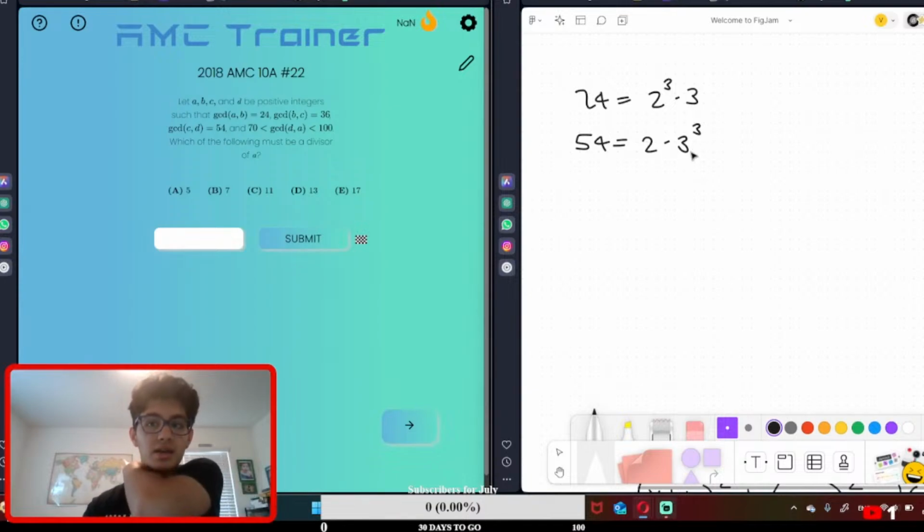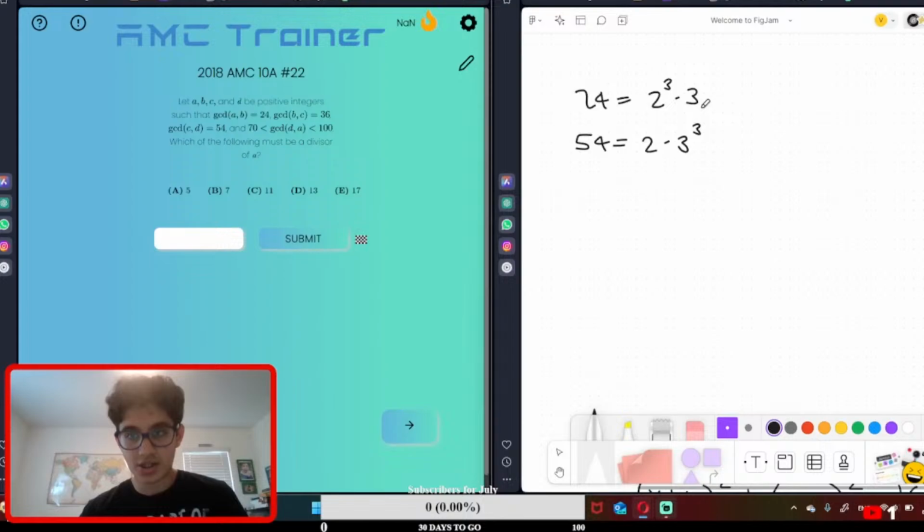Well, we know that A, oh wait, actually, I should probably say times x, because there might be some other things that it's a multiple of. Same with this. Now the greatest common divisor: we know that there's going to be a 2 and a 3, so it's going to be 6 times something. Let's call that z.